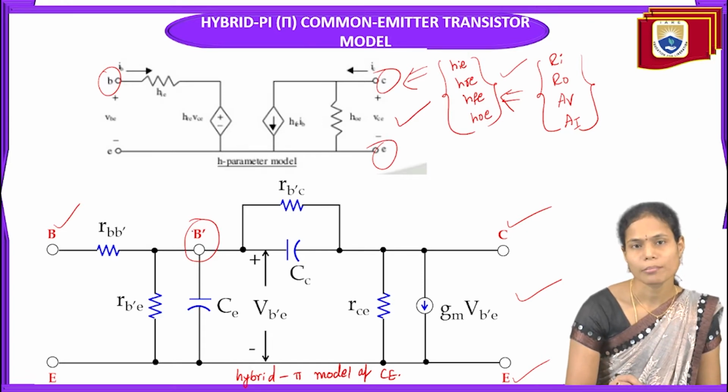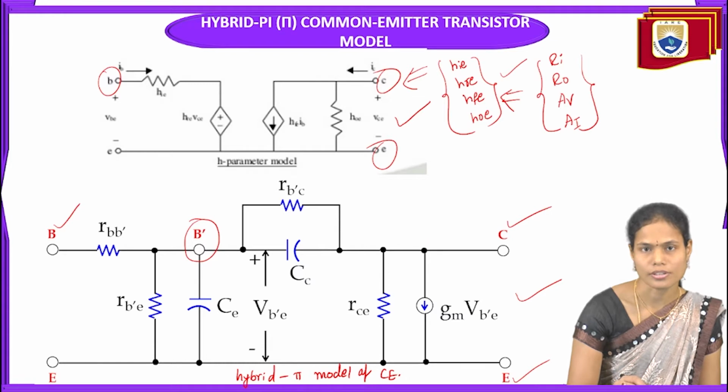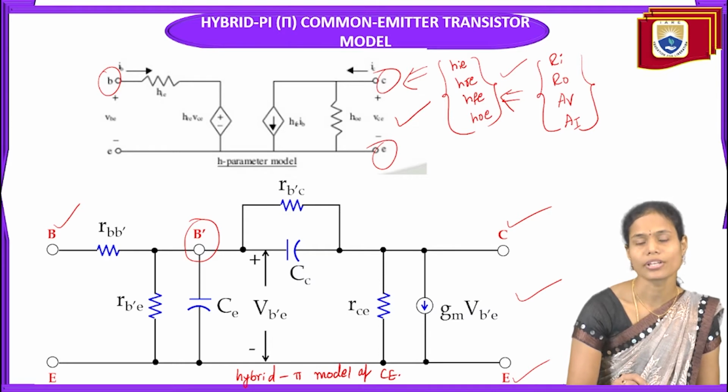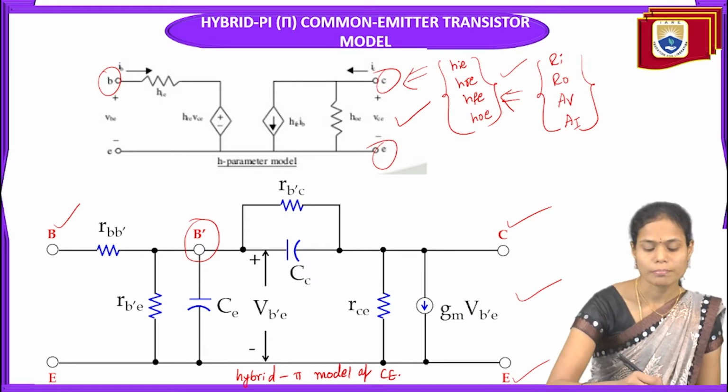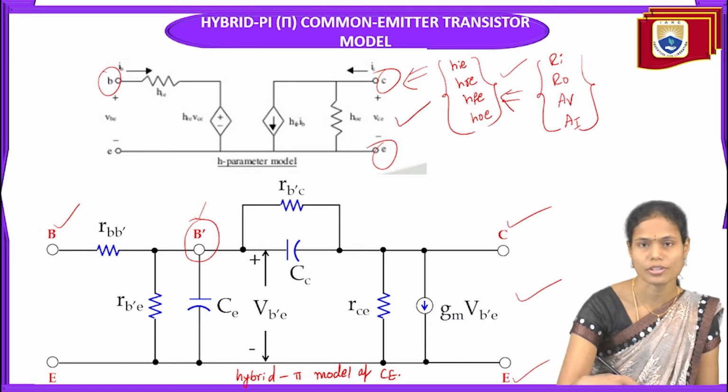This B dash terminal is not visible to us; it is internally present in the transistor itself. But because of this B dash terminal in the high frequency model, it spreads different resistances to the different terminals present in the amplifier circuit.